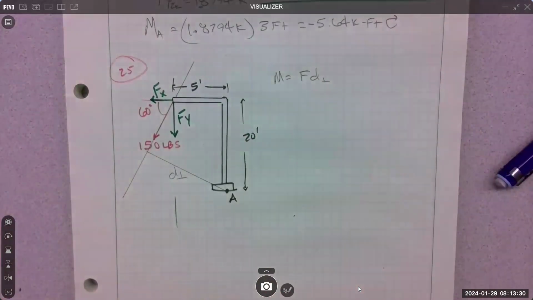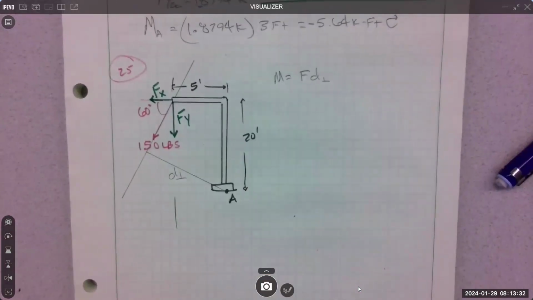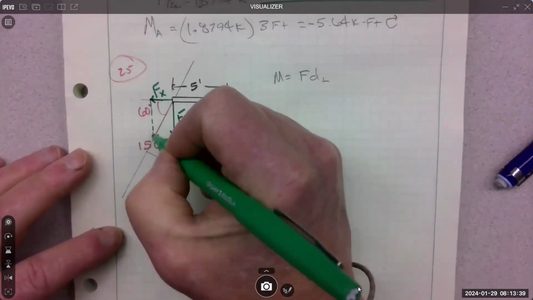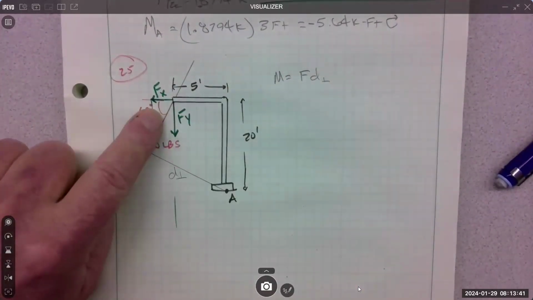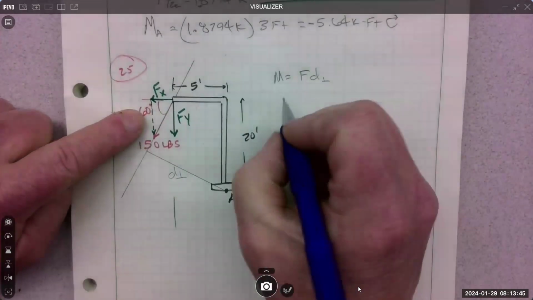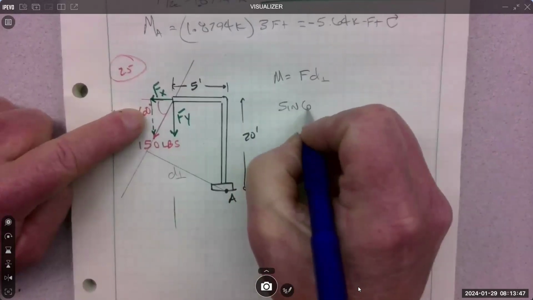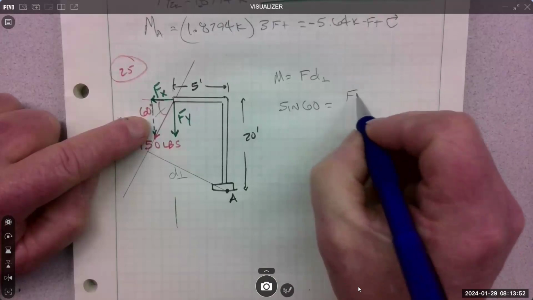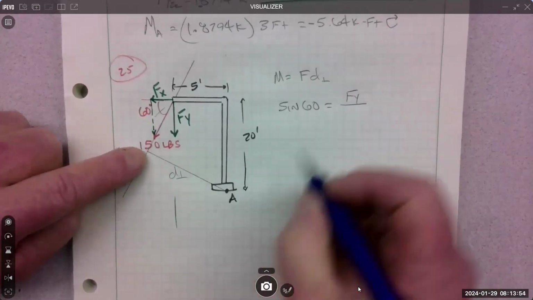So those perpendicular distances are a lot easier if I can find Fx and Fy. I'd probably put Fy over here to find it using the 60 degrees. That's going to be sine, is opposite. That's the Fy over 150.